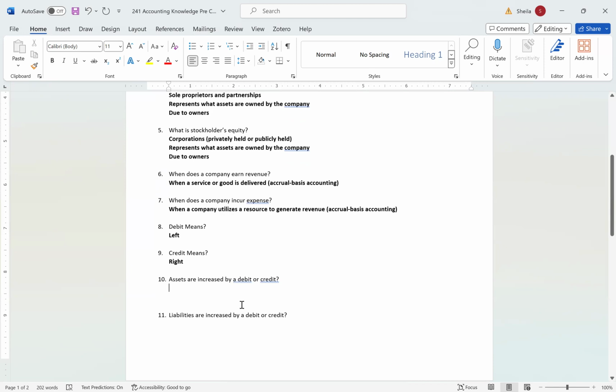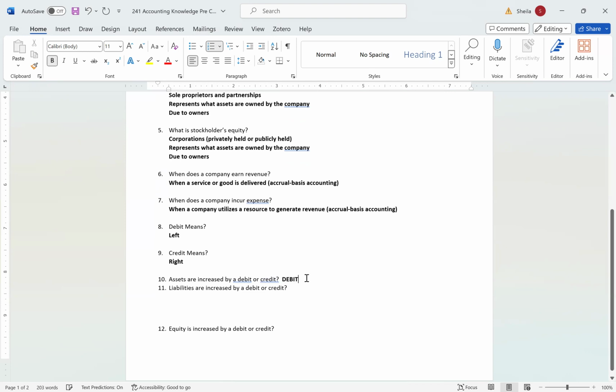As we think about the accounting equation, a couple of things that we always have to remember. Assets, are they increased by a debit or a credit? Assets are always going to be increased by debits. This is important to keep in mind because as we learn how to change the value of certain accounts in accounting, that's going to be key.